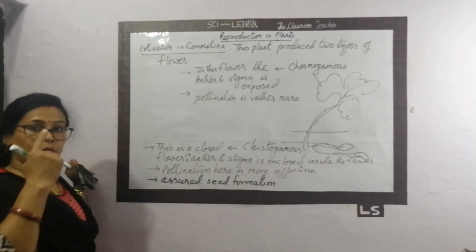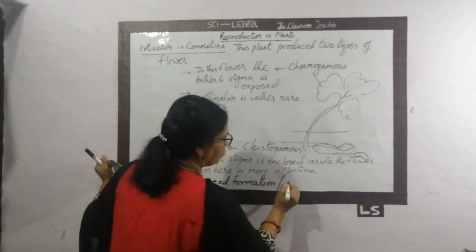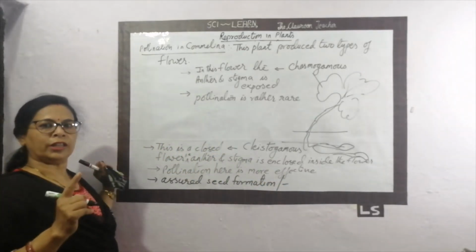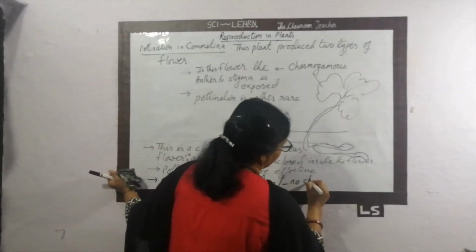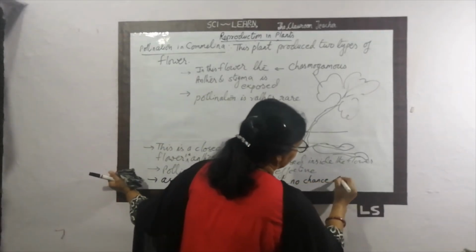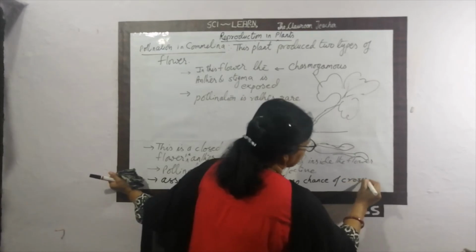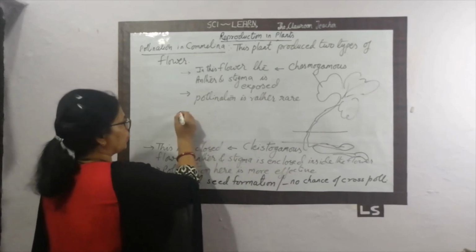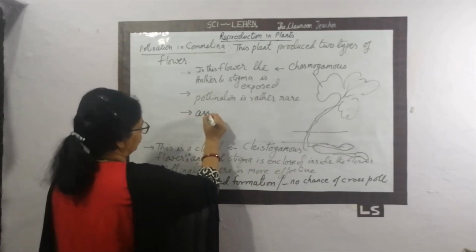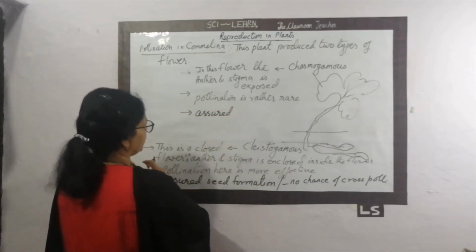Okay. And one more important thing, the fourth point, the cross-pollination. There is no chance of cross-pollination. Okay. Here, assured seed formation is not there.